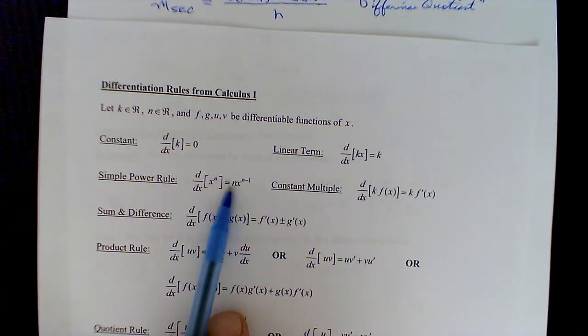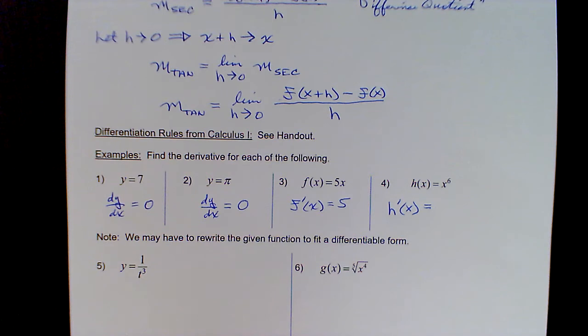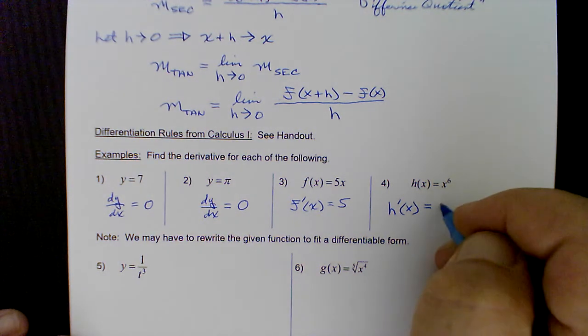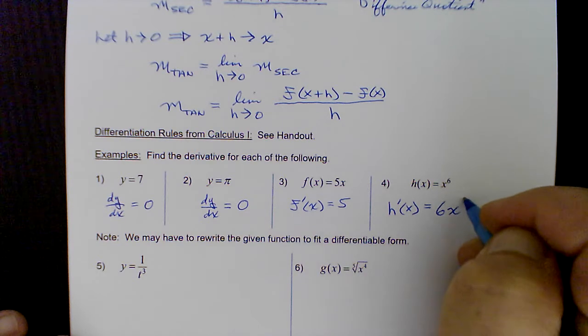And you swing down the exponent n times that same variable and decrease the power by 1. So everybody does this in a natural way. You probably don't even think about the fact that you're using this rule. To differentiate x to the 6, you just swing down the 6 times x, power 1 less than 6, 5, and we're done.